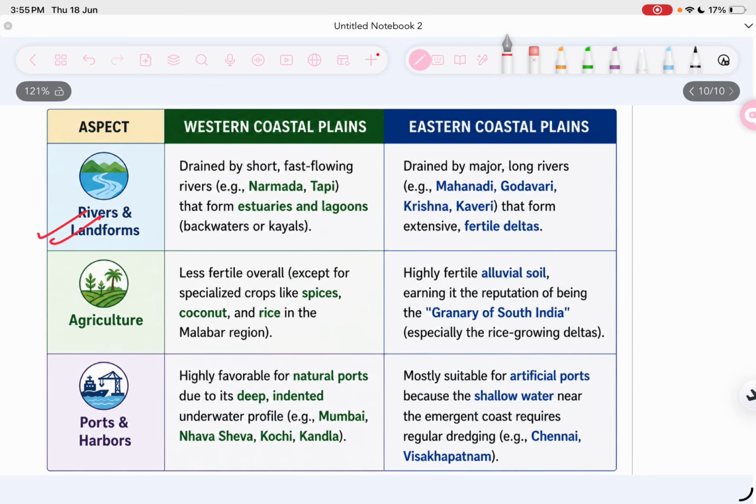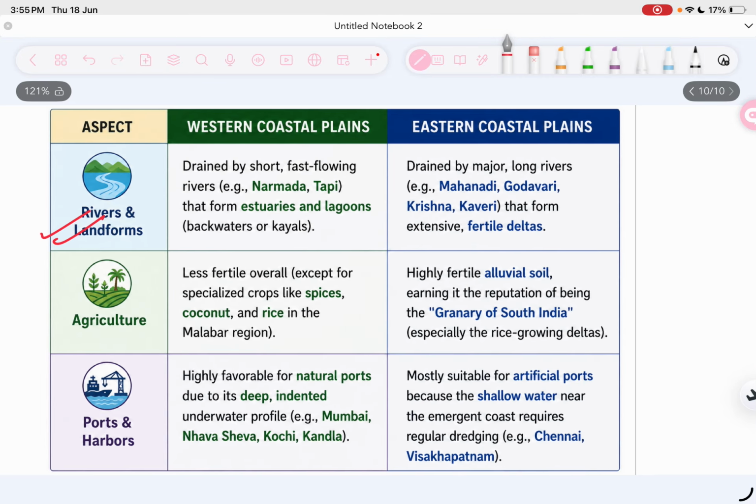When we talk about rivers and landforms, the western plain is drained by short and fast flowing rivers like Narmada and Tapi, and they do not form any type of delta, rather they form estuaries and lagoons. In Malabar, we have seen an important feature, that is Kayal, or backwater. However, the eastern coastal plains are drained by major long rivers like Mahanadi, Godavari, Krishna, Kaveri that form extensive and fertile deltas.